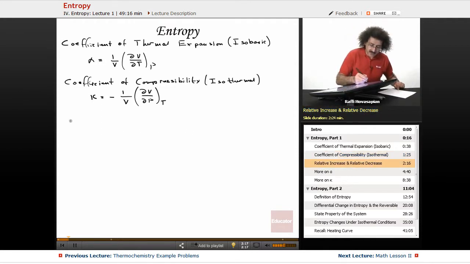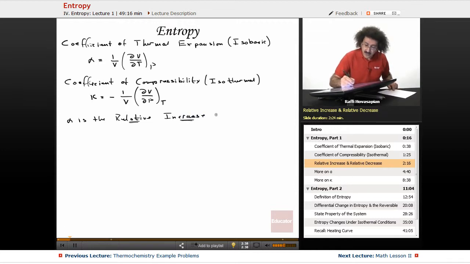Okay, so let's go ahead and define what these are. So alpha, the coefficient of thermal expansion. So alpha is the relative increase, the important word here being relative.